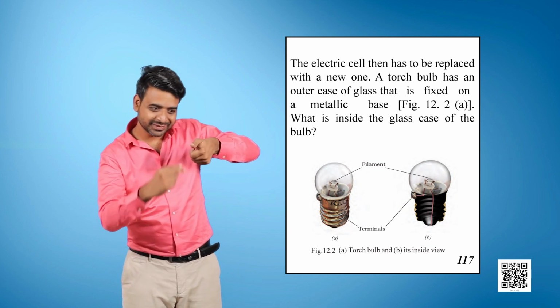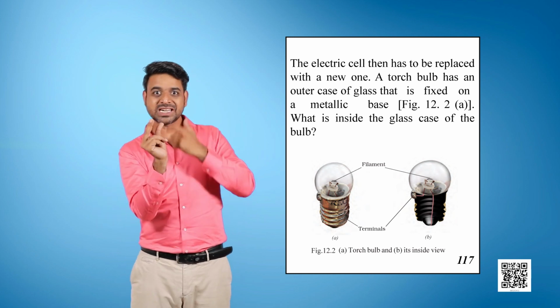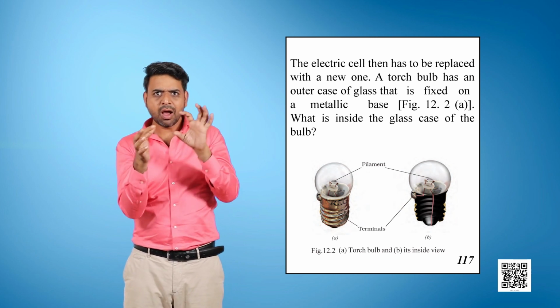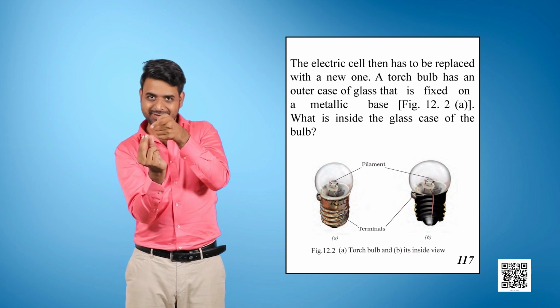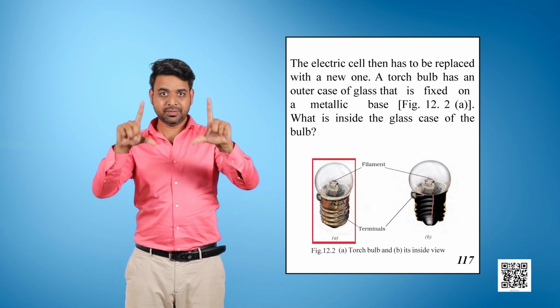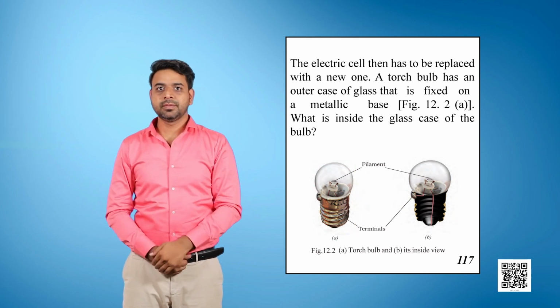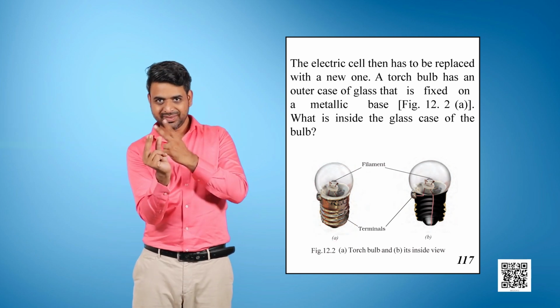A torch bulb has an outer case of glass that is fixed on a metallic base. Figure 12.2a. What is inside the glass case of the bulb?